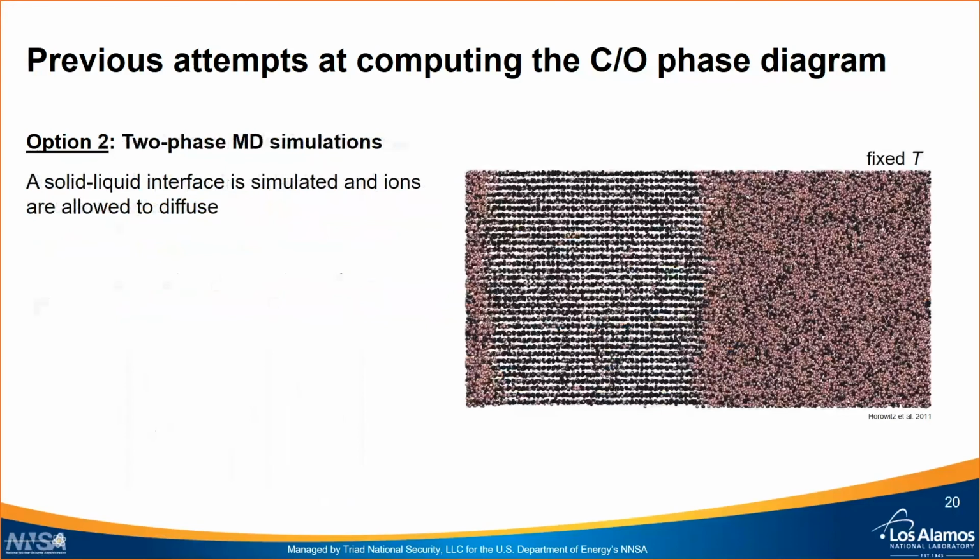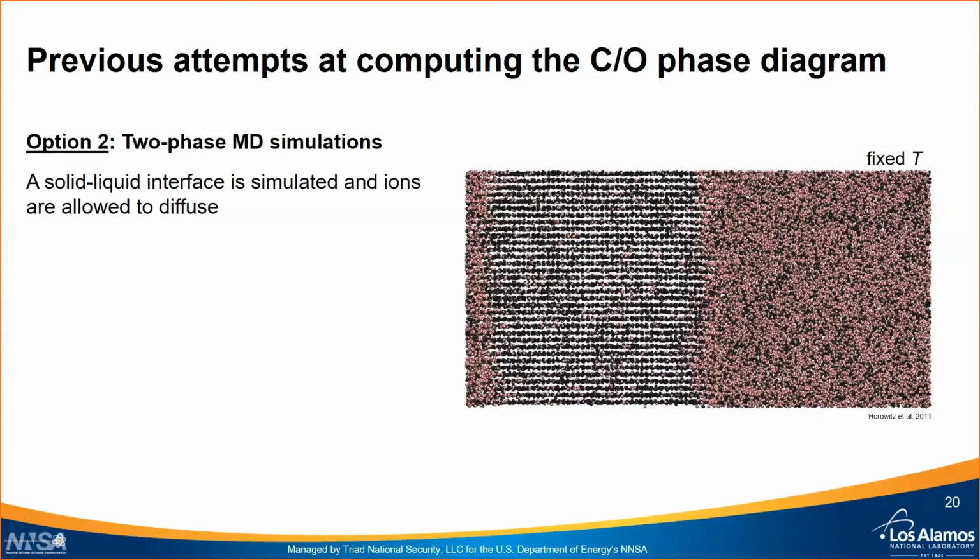Another more sophisticated approach that has been used is to use two-phase molecular dynamic simulations. Here the idea is that you build a large system where you put in contact a solid carbon-oxygen plasma with a liquid carbon-oxygen plasma. But then you let the ions diffuse from the liquid to the solid and from the solid to the liquid.